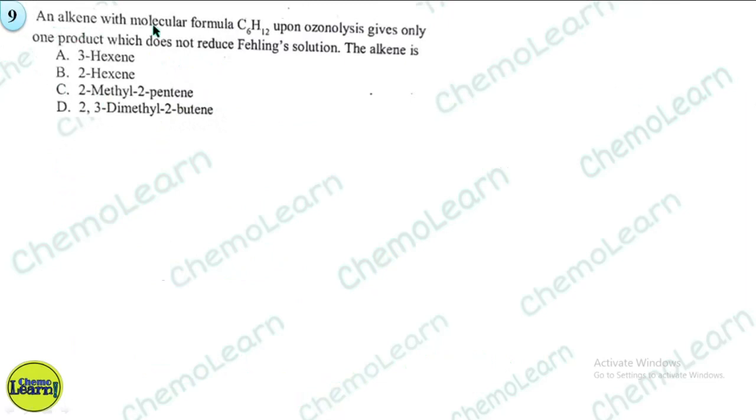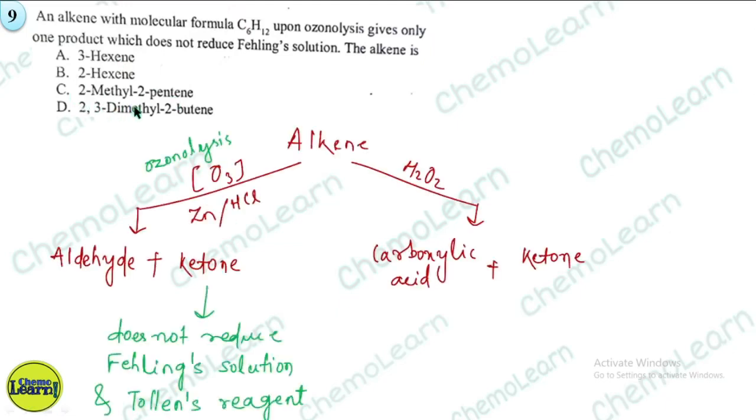An alkene with molecular formula C6H12 upon ozonolysis gives only one product which doesn't reduce Fehling solution. The alkene is 3-hexene, 2-hexene, 2-methyl-2-pentene, or 2,3-dimethyl-2-butene. When an alkene is treated with ozone, it forms aldehyde and ketone.